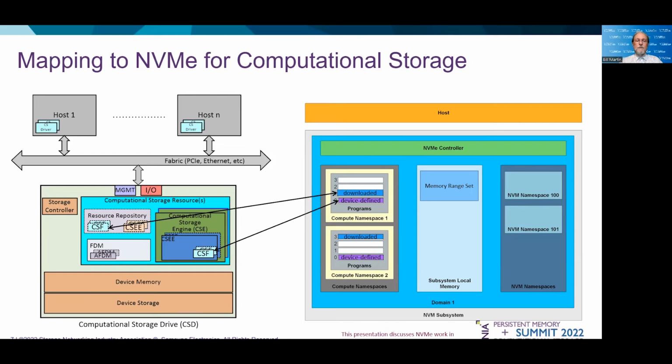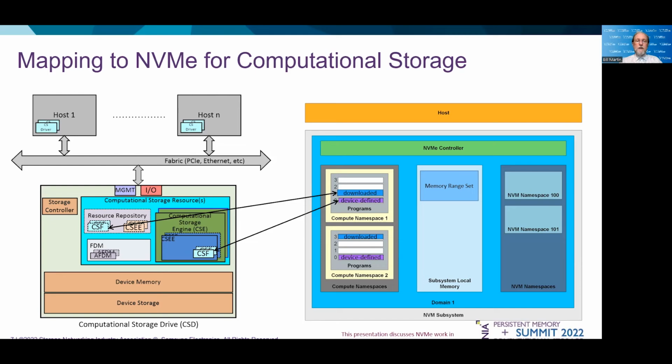One of the other differences, you'll remember that I said before that the CSEE is a logical function. The device-defined programs are in essence part of the virtual CSEE, so that when you instantiate a compute namespace, you automatically have any device-defined or preloaded programs associated with that namespace.